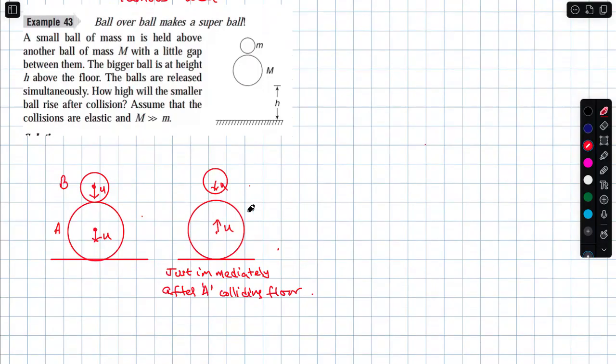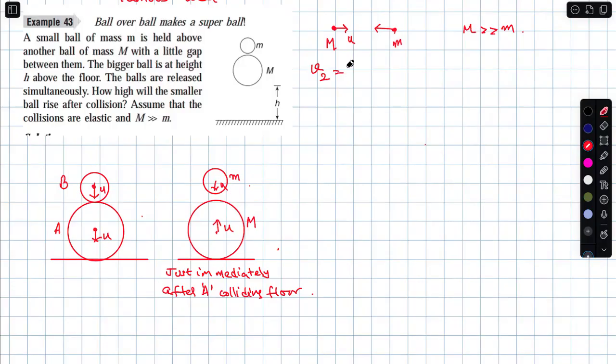This is a heavier mass and this is a lighter mass. We know in the collision of heavier mass with lighter mass, when m is much greater than small m, you want the velocity of the second body.